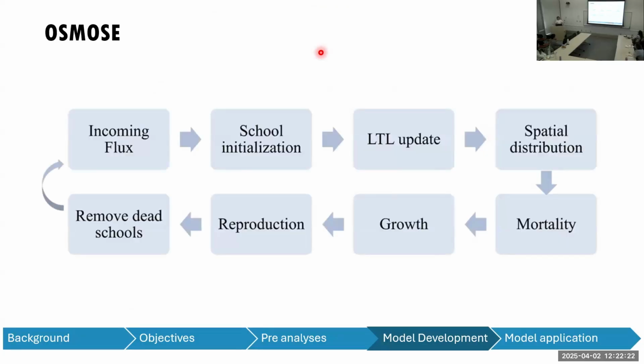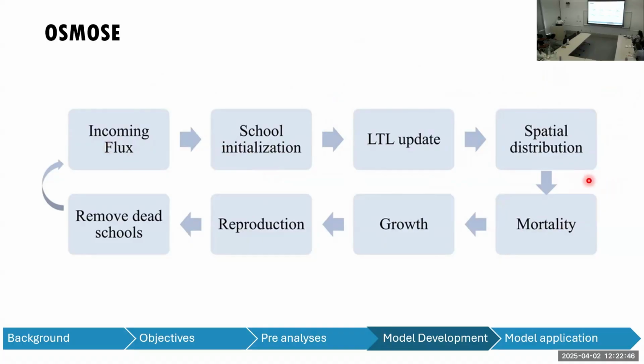To recap, in OSMOSE, within each time step, the model will first release the initial biomass of each school and the low trophic level maps, which is the plankton biomass at each grid, and then distribute them into spatial grids based on the spatial distribution that we provided, and then start modeling life history based on the predation success.